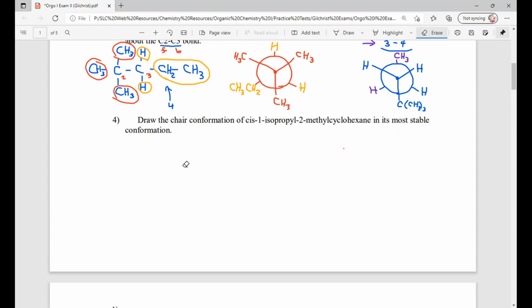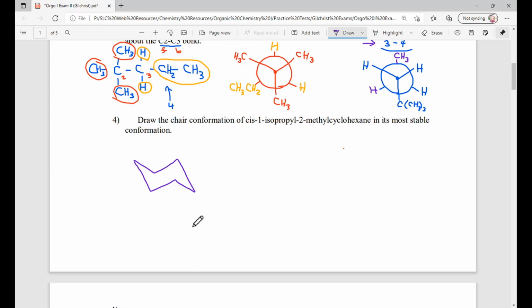I know most of y'all's professors probably prefer you to draw it a little bit more like this, like a sideways lightning bolt. However you want to draw it is fine.